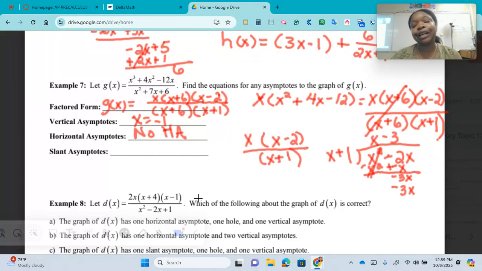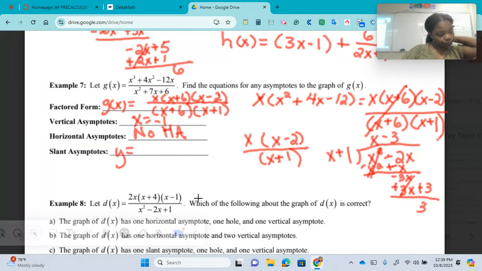And negative 3 times 1 is negative 3. What do we do? Subtract, which is changing the signs. And we have 3 left. So our slant asymptote is y equals x minus 3.